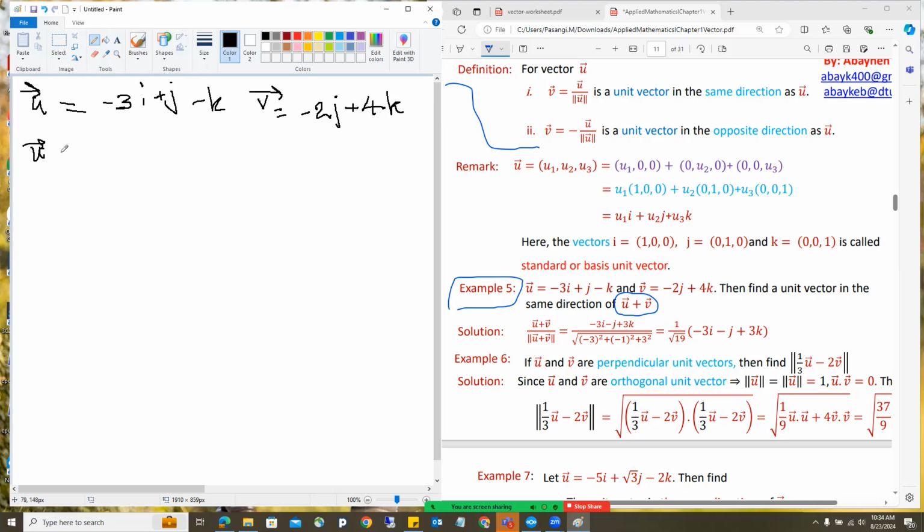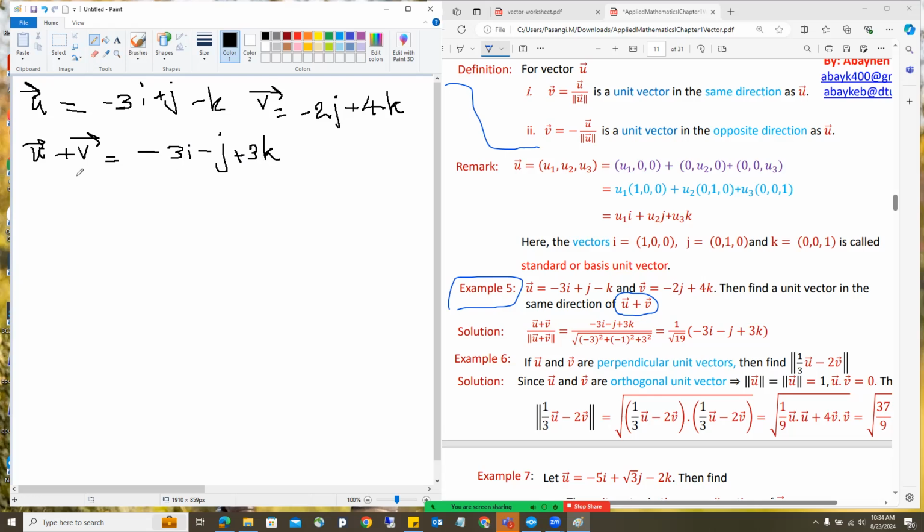First, we need to find vector u plus vector v. There is no i component in v, so minus 3i, minus j plus 3k.